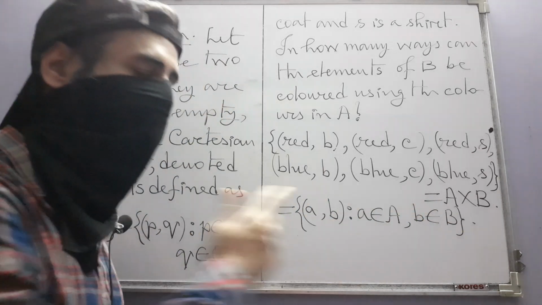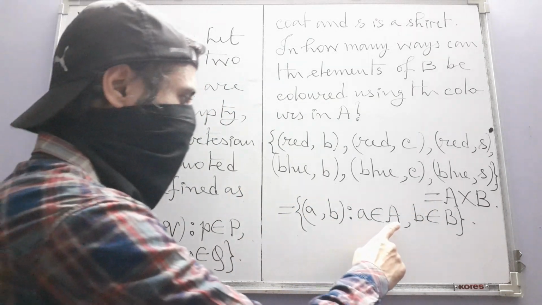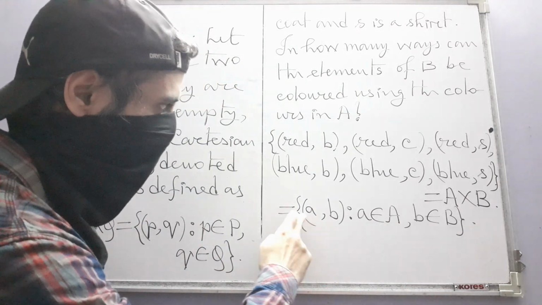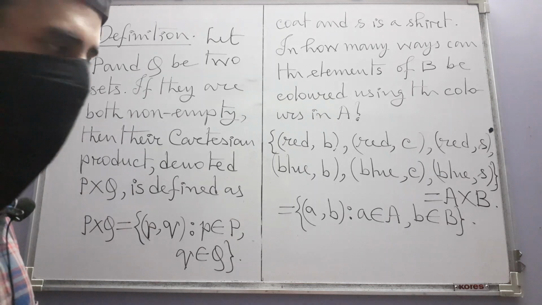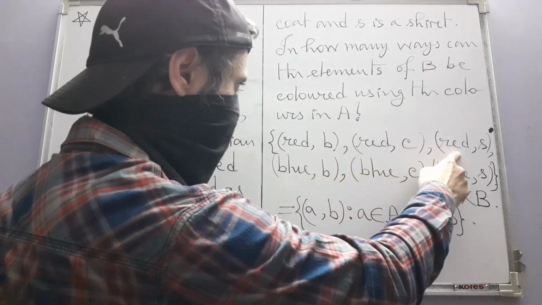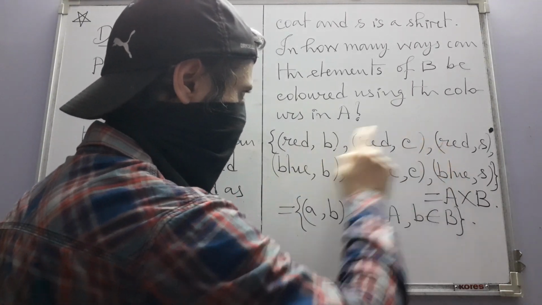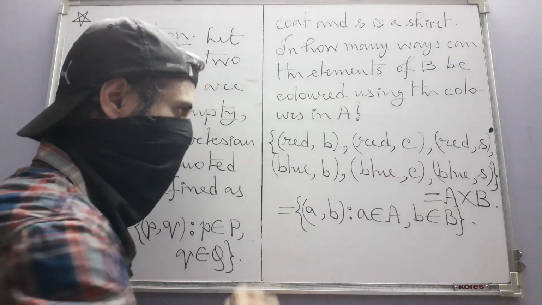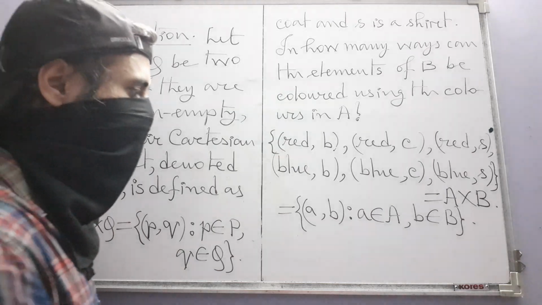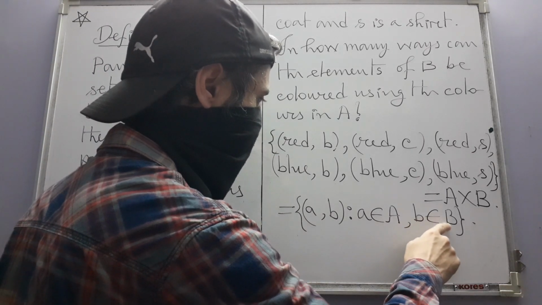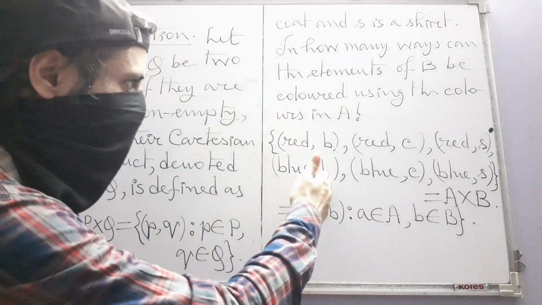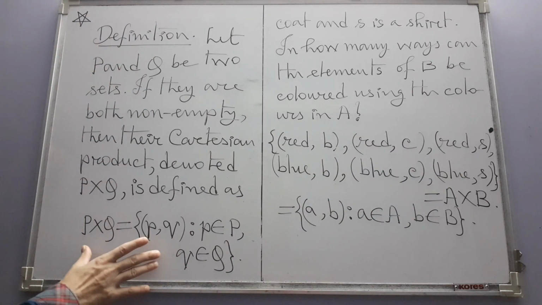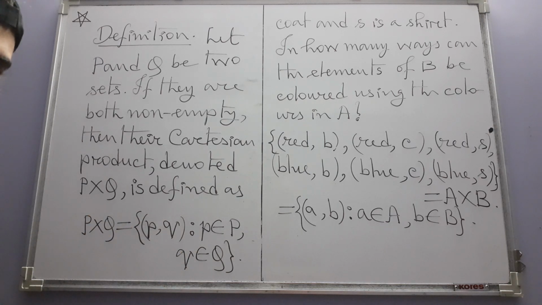Small a can either be red or blue: in the first three ordered pairs, the first element is red, and in the last three, it is blue. The second element comes from B, so it is either a bag, a coat or a shirt.